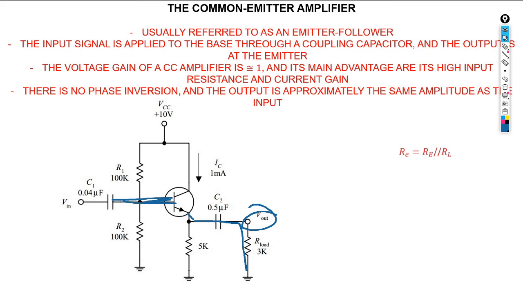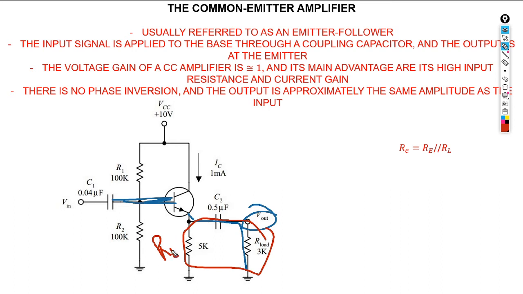When we look at our R emitter, which is basically a parallel between RE and R load, one thing we are going to observe in this circuit is that when you're doing the AC analysis, you'll find that your R load is in parallel with your R emitter. So this is our R emitter.